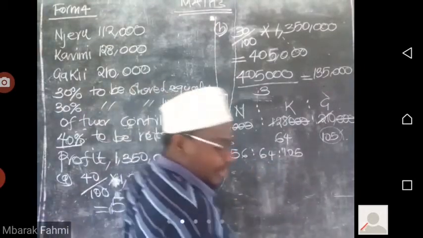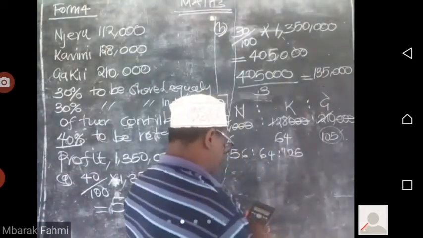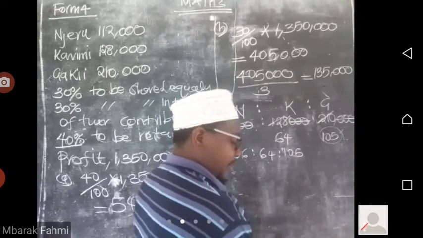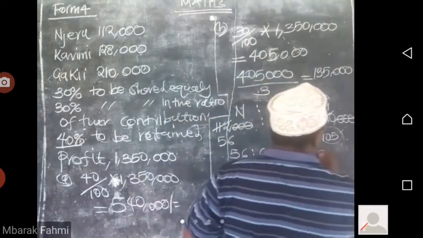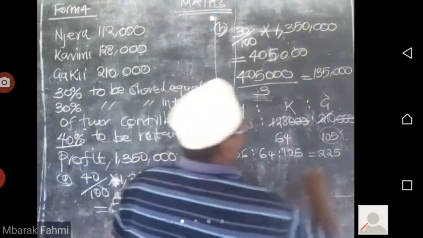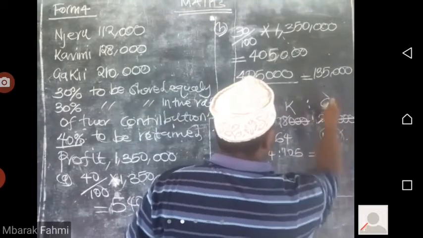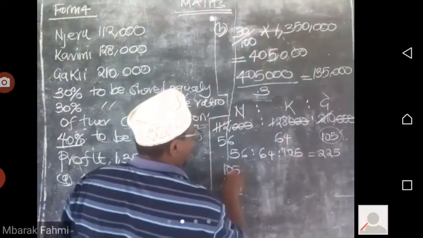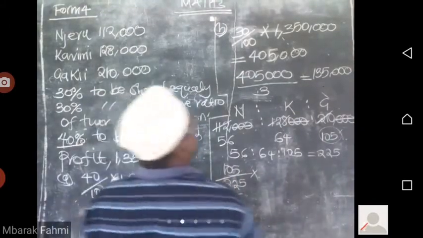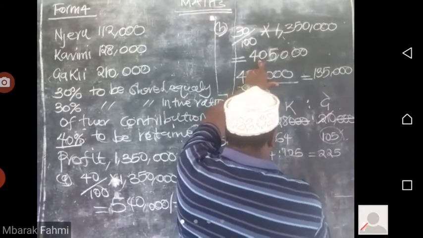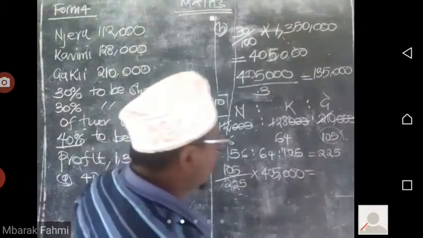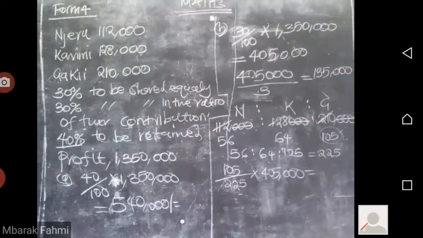The total of these ratios, 56 plus 64 plus 105, is 225. So the amount of Gaki will be 105 over 225 times the 30%, which is 405,000.